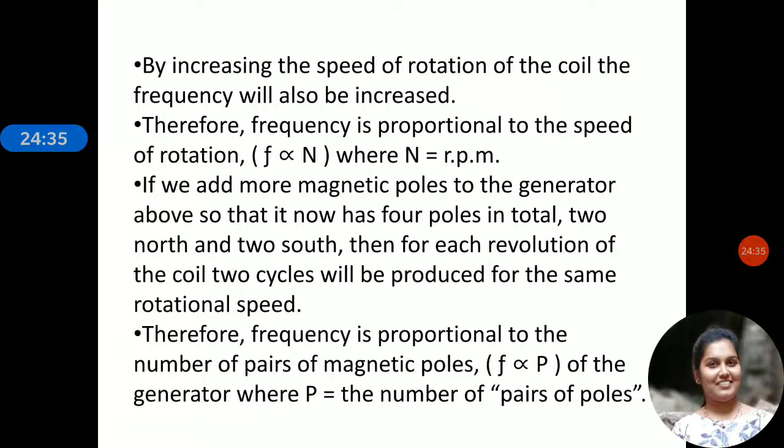That is, frequency F is proportional to P of the generator, where P is the number of pairs of poles. Here what I am telling is that frequency is proportional to the speed, and frequency is also proportional to the number of pairs of poles.